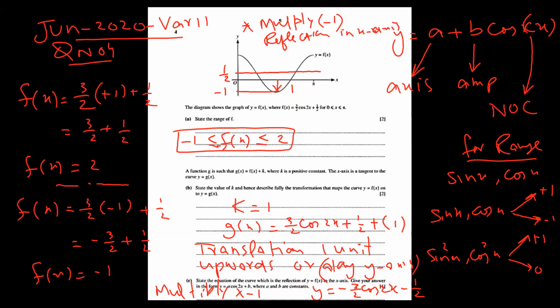But if I replace x by -x, it is called reflection in y-axis. So there's a fixed formula. I taught the whole thing. I hope the concept is completely clear.